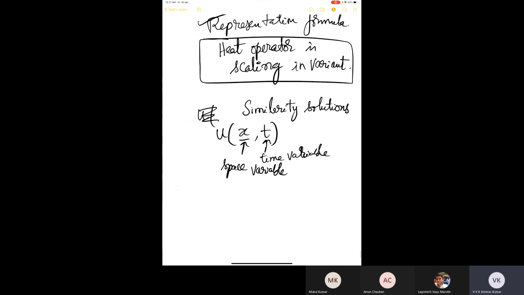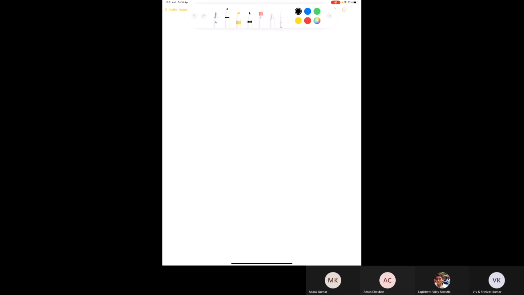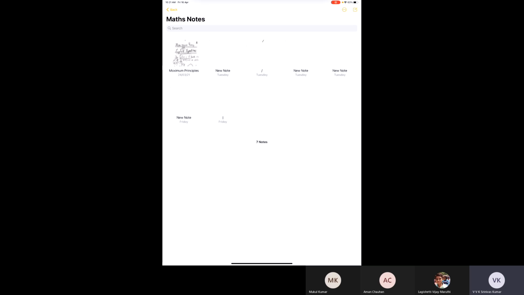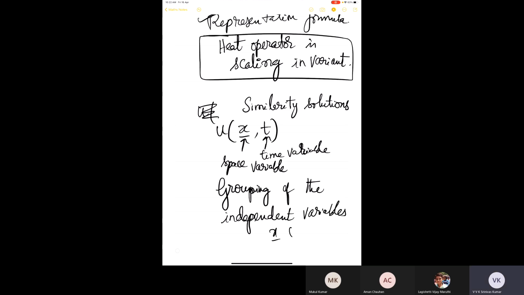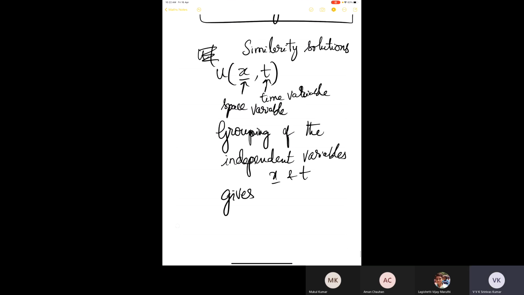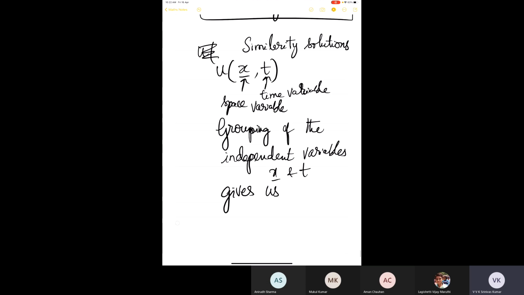So grouping of the independent variables x and t gives us similarity solutions.